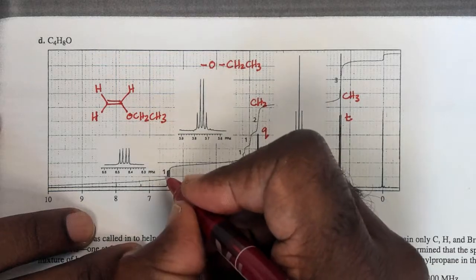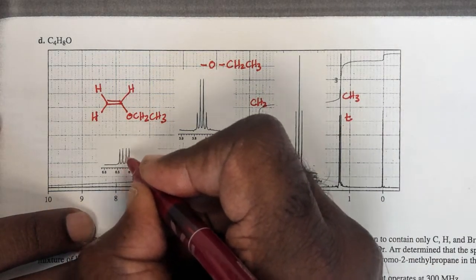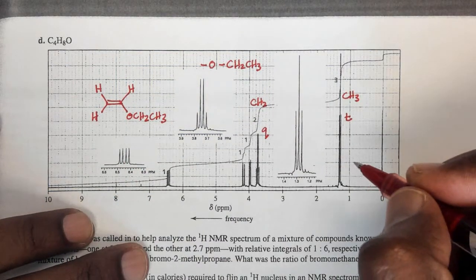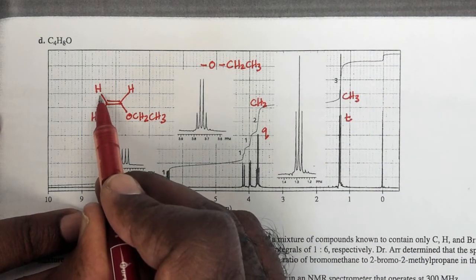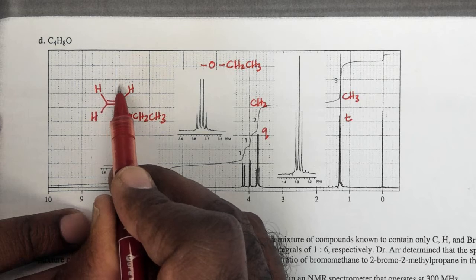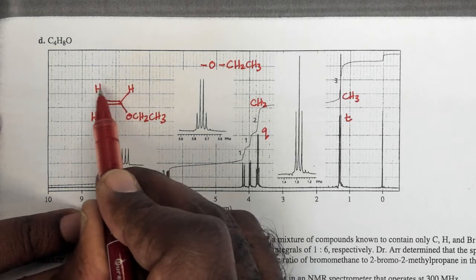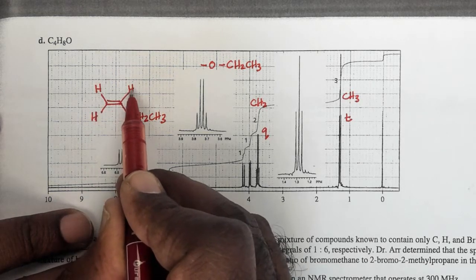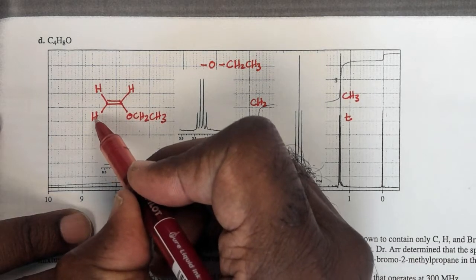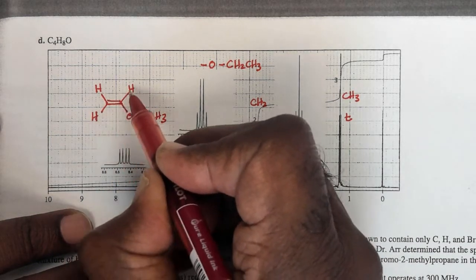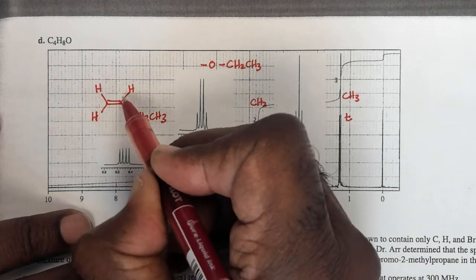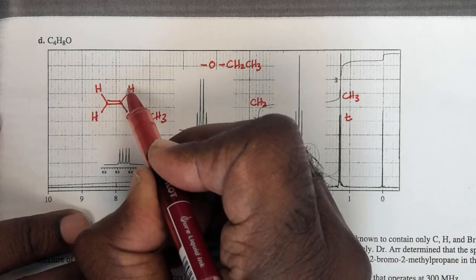So this hydrogen is responsible for this double doublet, and I'll come back to this double doublet just now. But I'll bring your attention firstly to the two other protons. This proton is ortho-coupled to this hydrogen here, so it must have a smaller coupling constant than this proton, which is trans-coupled to this proton across it. So this proton has a trans coupling, this proton has a cis coupling.